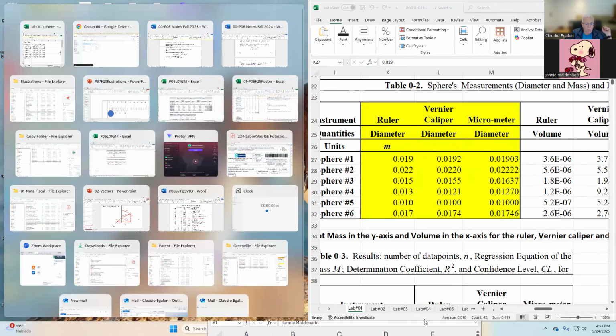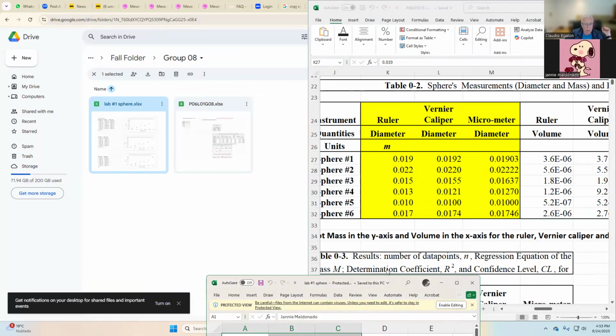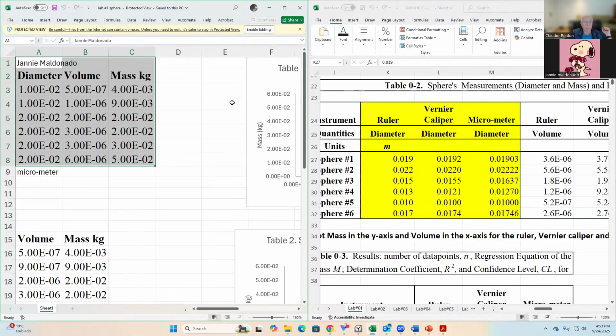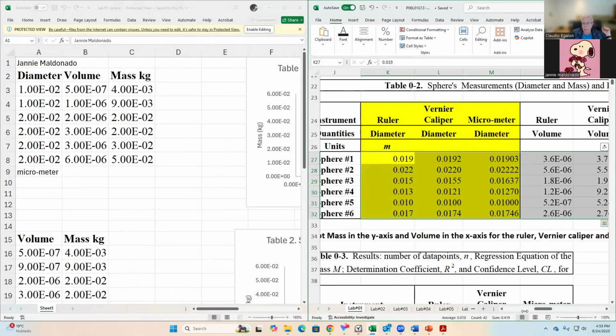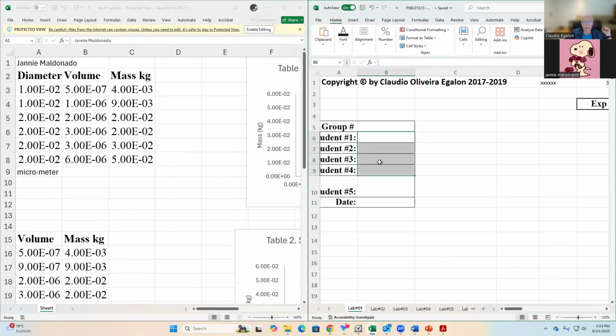Let's see. Where is your spreadsheet? Is that the one? Yes, that's the one. Make sure you do not change the format, and put your names here, group number, and so on. Do the charts look okay?